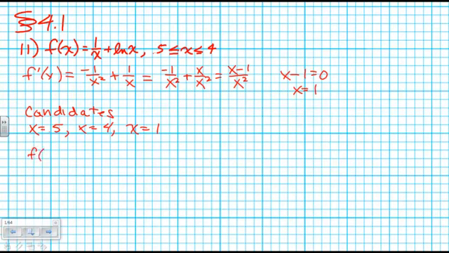If I find out what f of 0.5 is, I get 1 over 0.5 plus the natural log of 0.5. This is equal to 2 minus the natural log of 2.